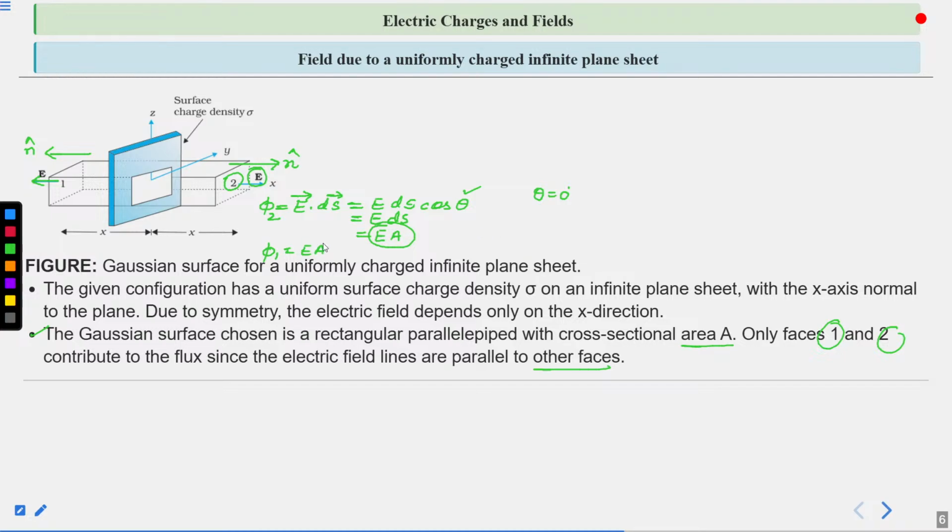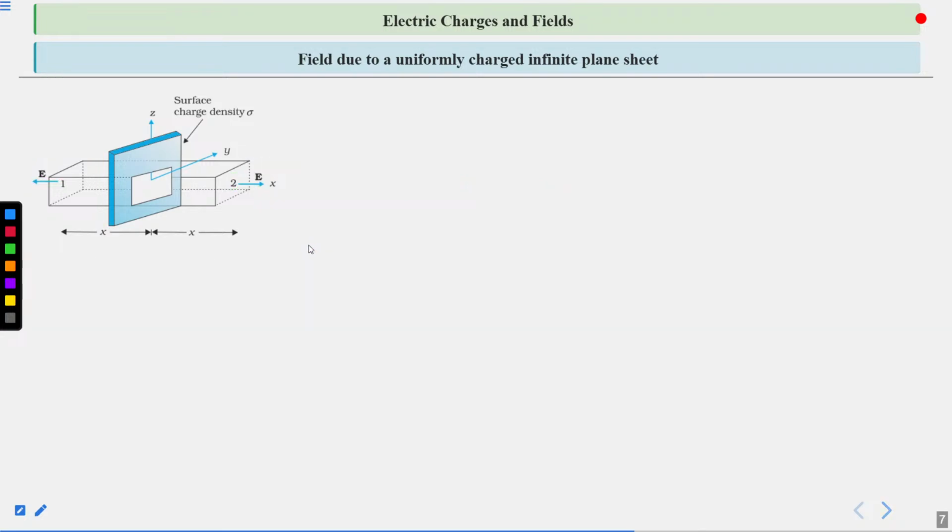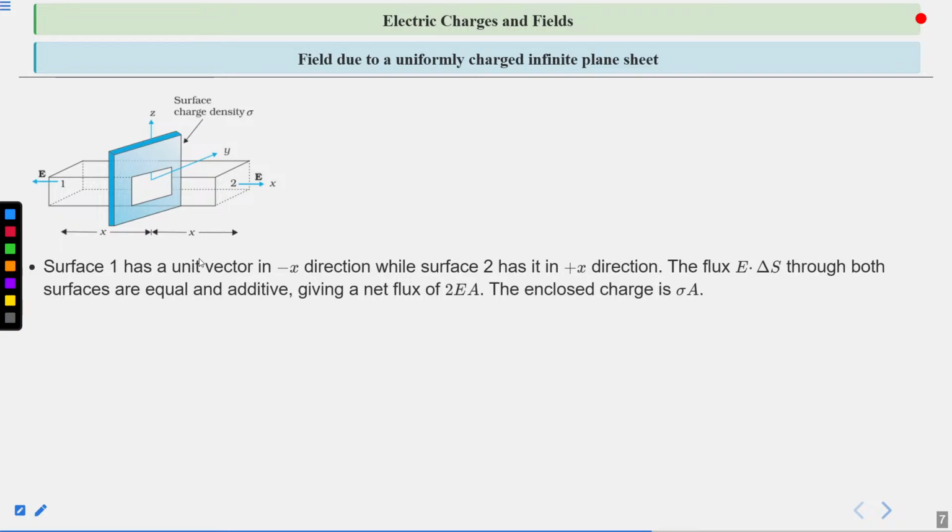So phi 1 is equal to EA and phi 2 is also EA. Clear? So surface first has a unit vector in the x direction, like this, while surface second has it in the positive x direction.